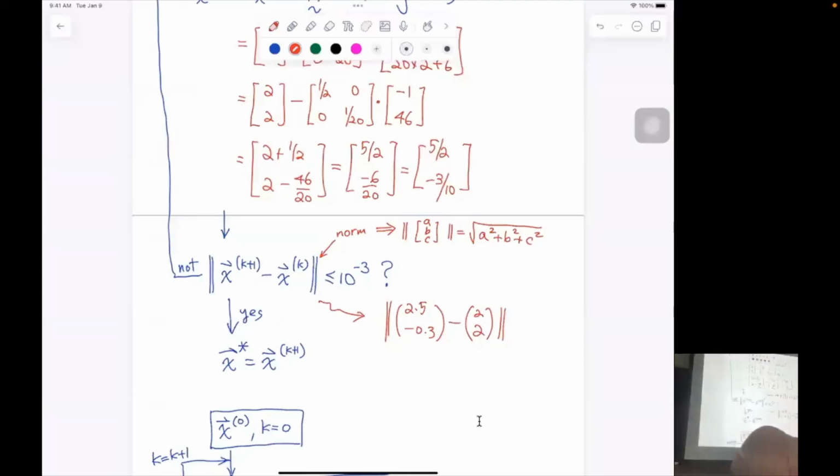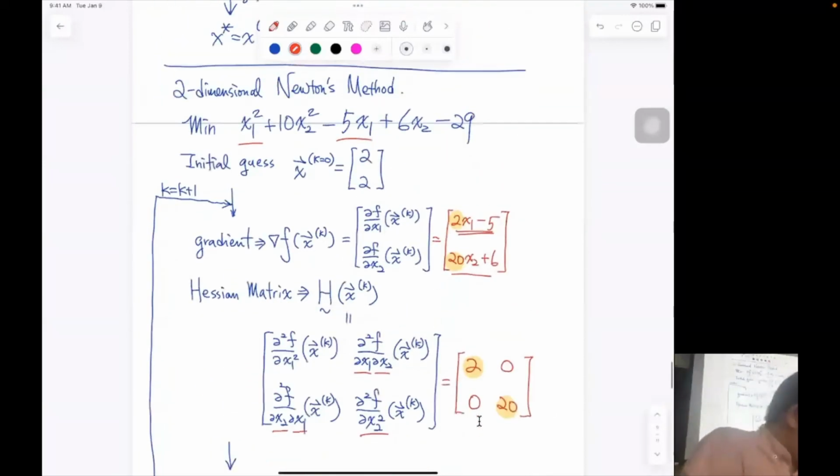So I'm pretty sure it's larger. So not converged. I don't even need to calculate it. It's not converged. So now I need to go back up to here. So this time k equals 0 plus 1. K now is 1. Okay?